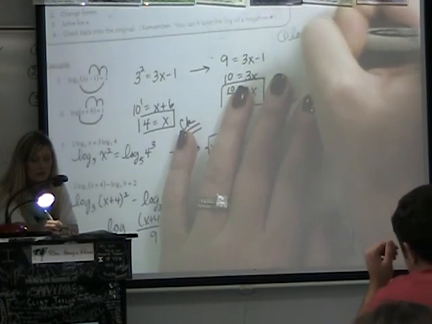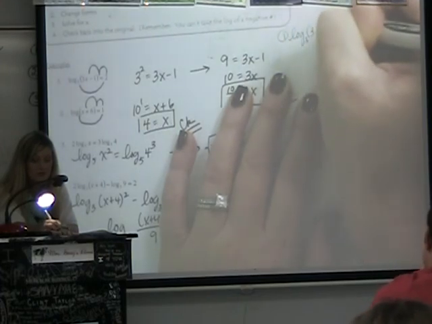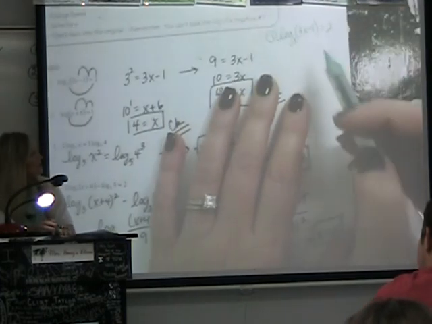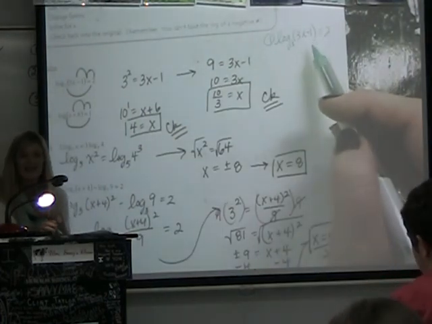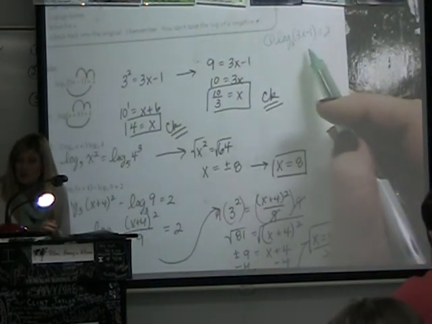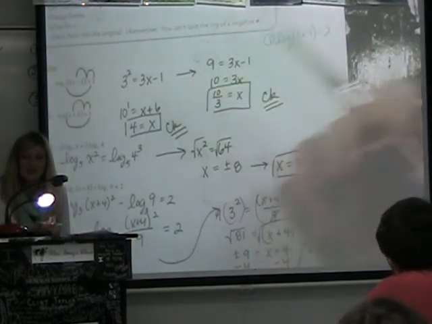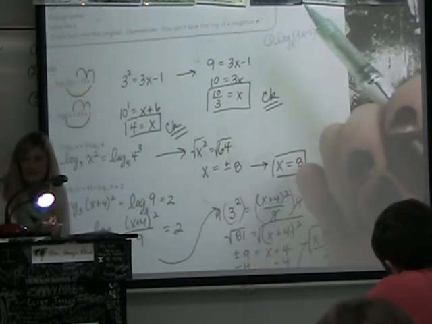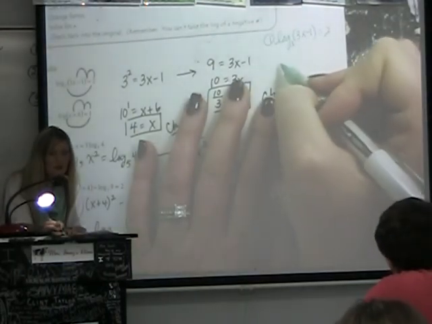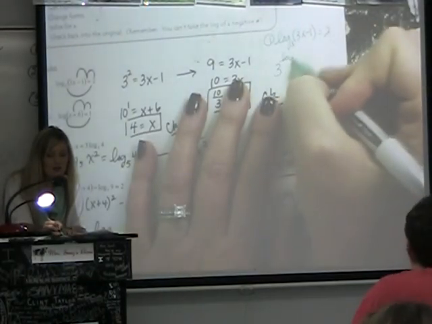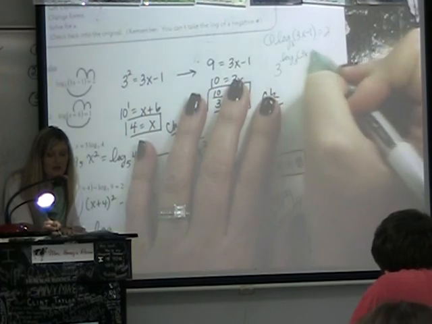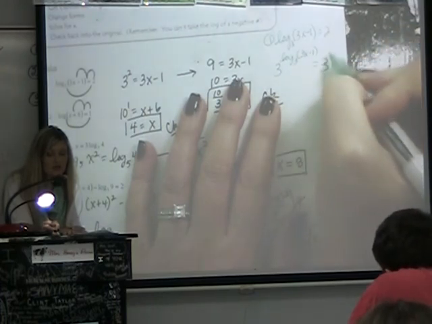So you have log base 3 of 3x minus 1 equals 2. And so you know the inverse is to have an exponential base 3. So we can use a technique called exponentiating both sides. And if you do that, you can write it as 3 to the log base 3 of 3x minus 1 equals 3 squared.